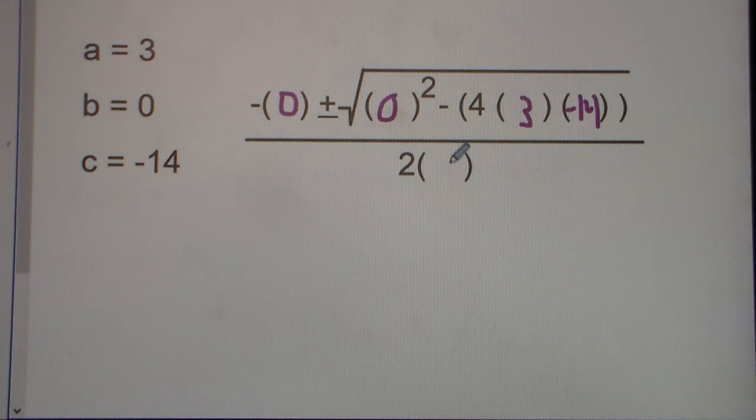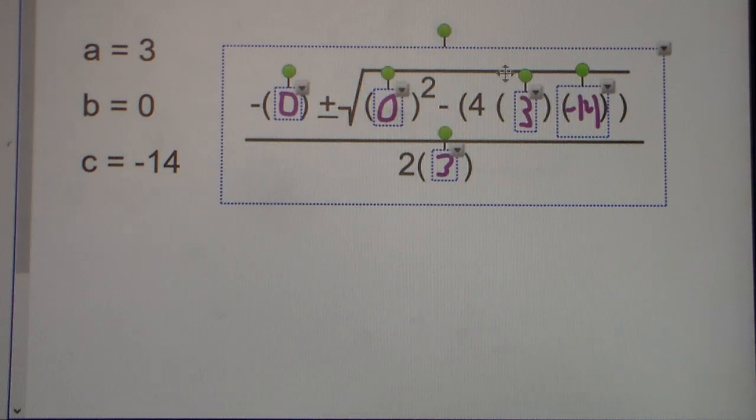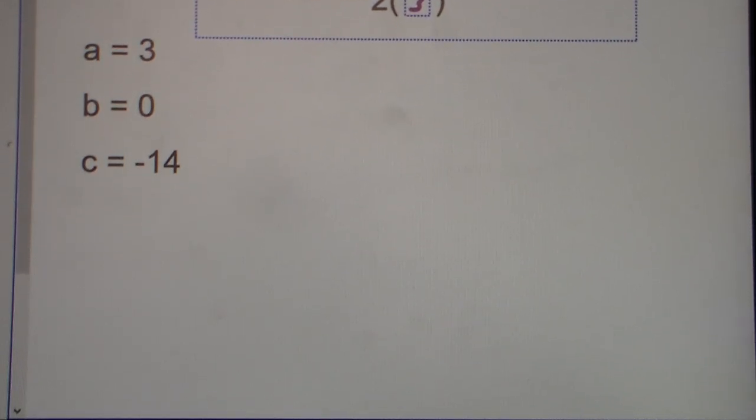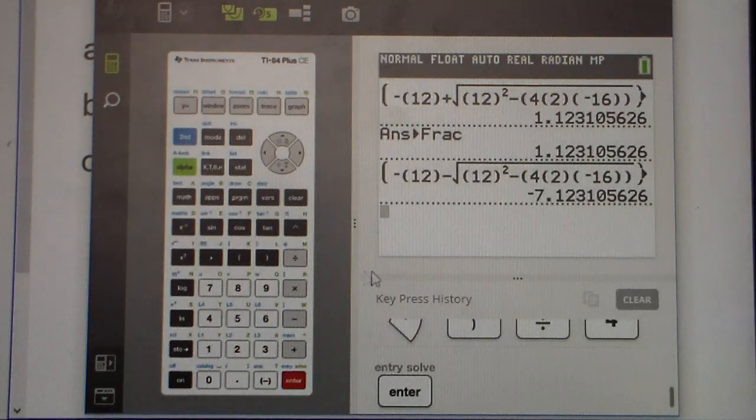All over 2 times a, which is 3 in this example. Then we put it into our handy dandy calculator. I'll slide it up so I can show you the calculator.